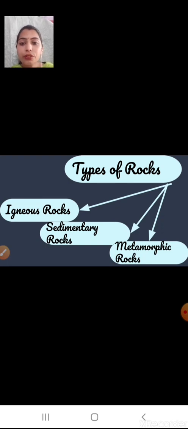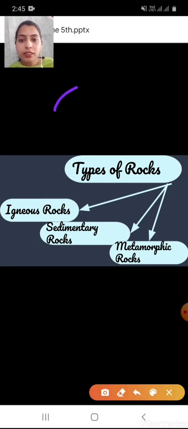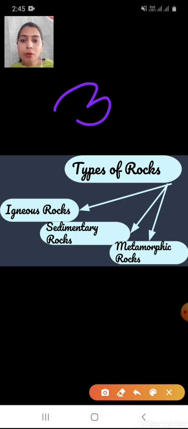There are basically three types of rocks. How many types? Three types of rocks. First is igneous rocks, second is sedimentary rocks, third is metamorphic rocks.